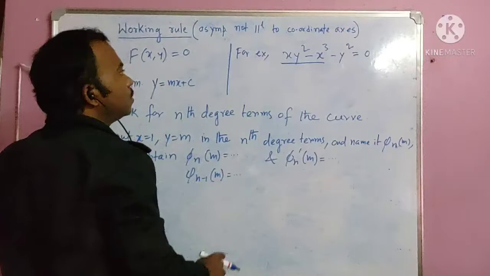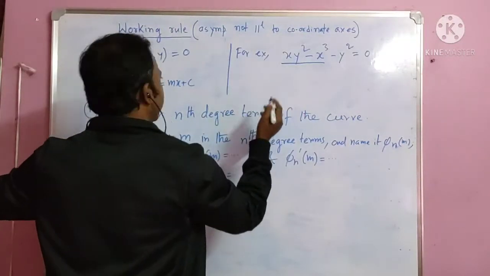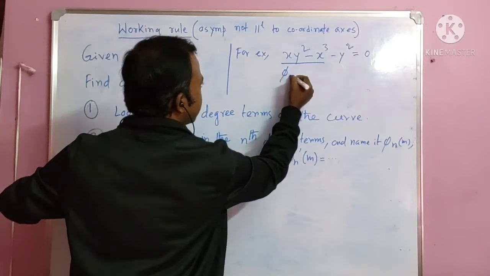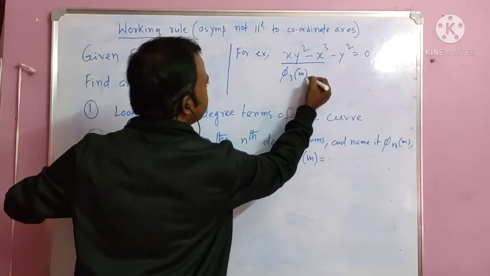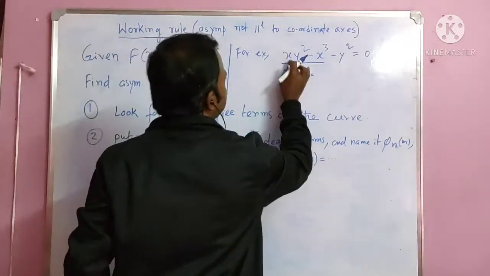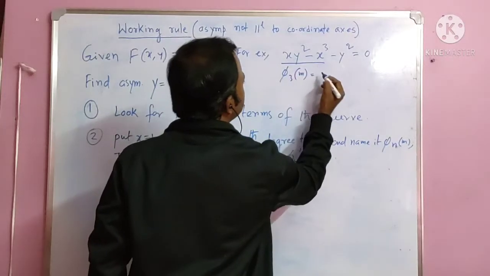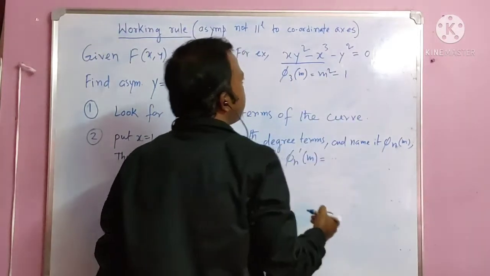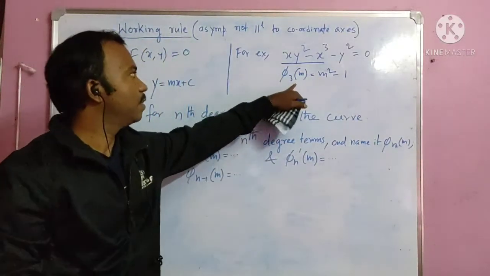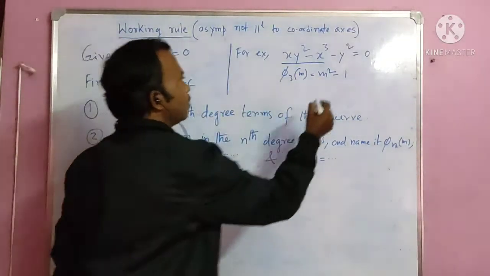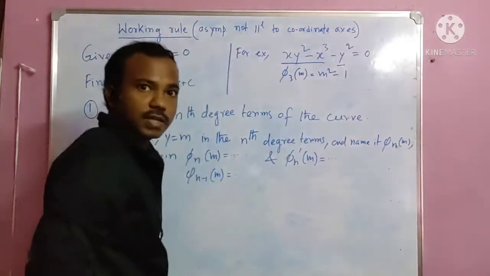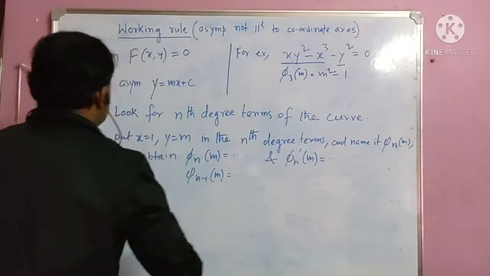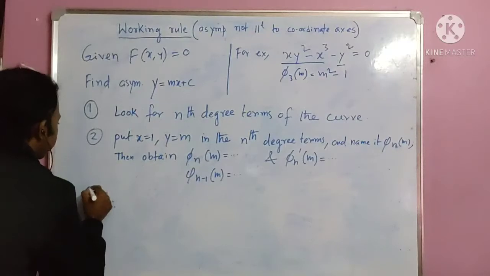Since it is degree 3, phi 3 of m, by putting x equals 1, y equals m, will be m square minus 1. This is our phi 3 of m. What will be our phi 2 of m? Phi 2 of m will come from the minus y square.